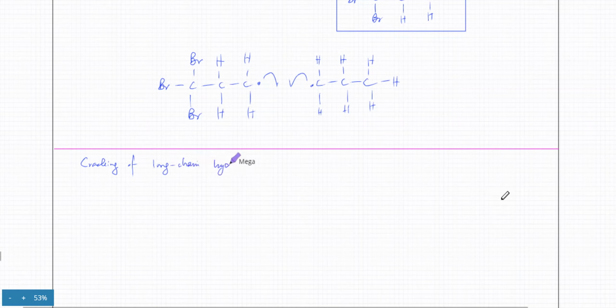So cracking of long chain hydrocarbons, what happens in that cracking? As a first thing, what's wrong with long chain hydrocarbons? Any idea? Minahil, any idea? Can you repeat the question? What's wrong with long chain hydrocarbons?